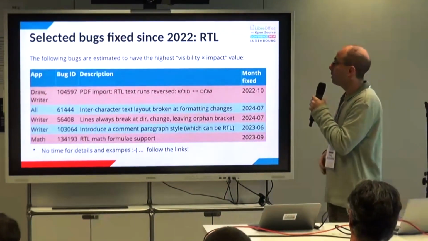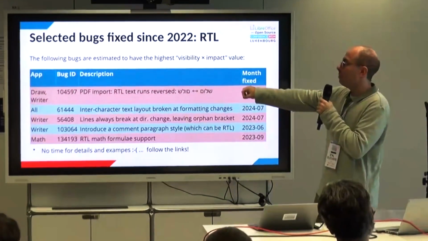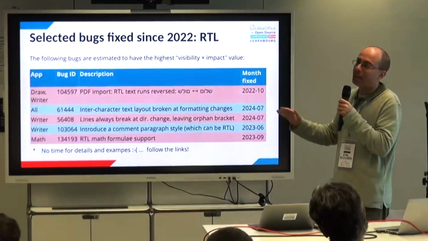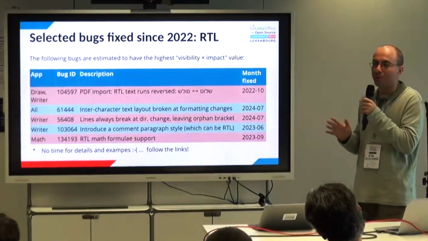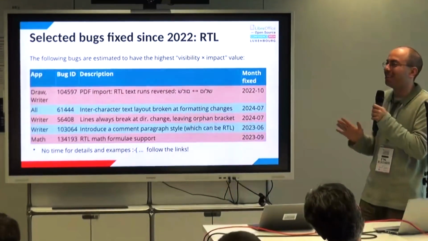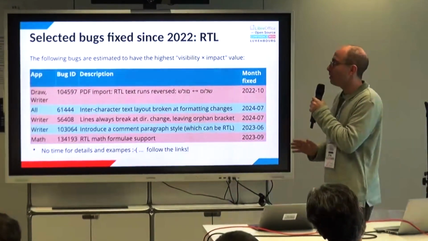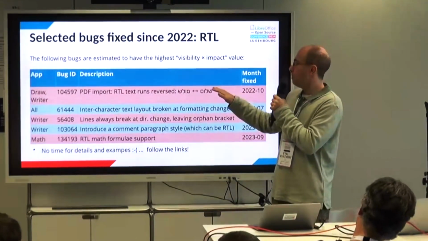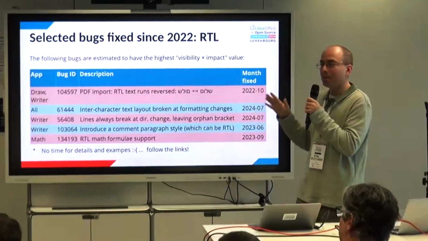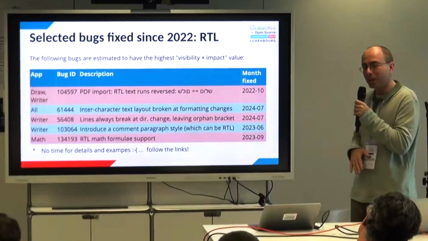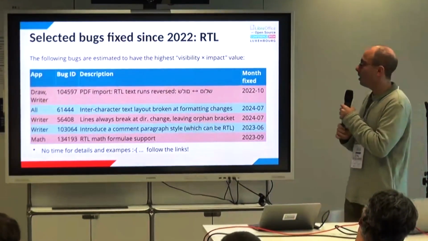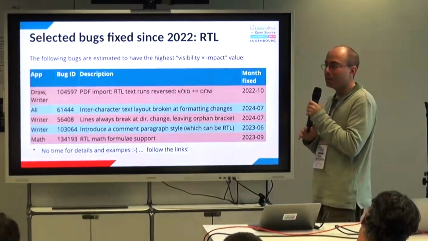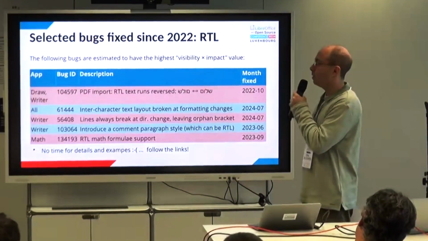So that was terrible, and that was fixed. PDF import still has a very big number of problems. It's not that the situation is all great there, but it is now very usable with Arabic and Hebrew and Farsi and all of the other languages. So I don't remember whose fix it was, but thanks for that.